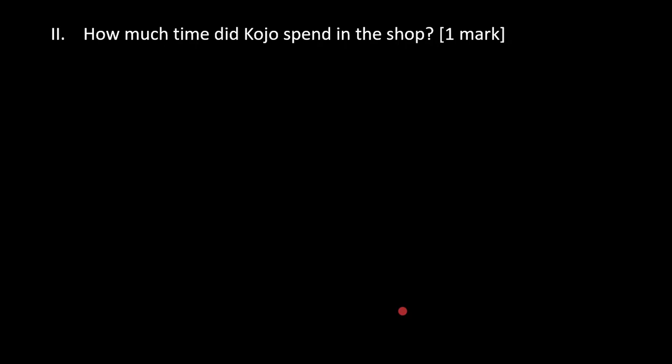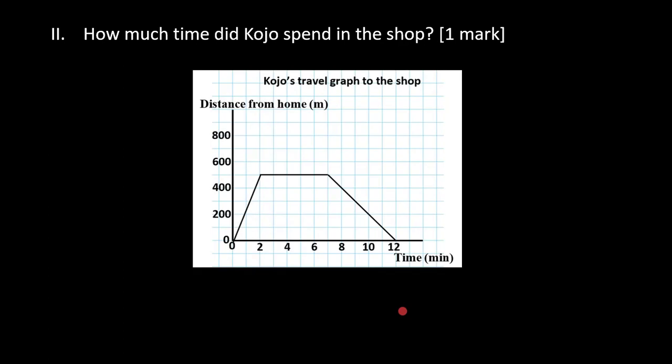Now, how much time did Kojo spend in the shop? Let's introduce our graph once more. We said that this was his first stop, and that must have been his arrival at the shop. Normally when reading time graphs or travel graphs, horizontal lines or horizontal parts of the graph simply represent a state of rest.